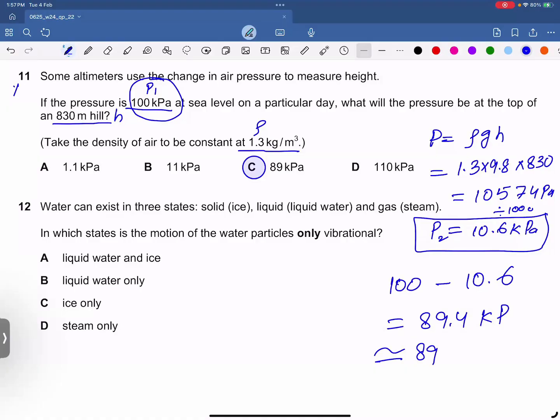It's a good question. As you keep going to higher altitudes, the pressure keeps decreasing. How much will the pressure decrease? You will do rho gh and subtract this from the initial pressure. Because pressure has decreased by 11 kilopascal, the answer is 89. Question number 12.